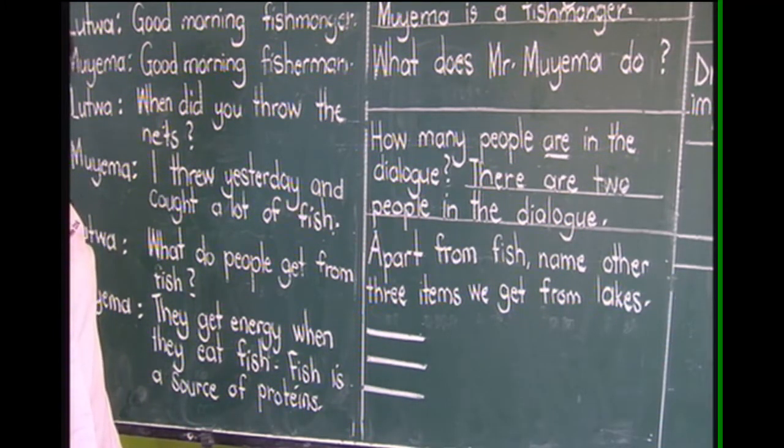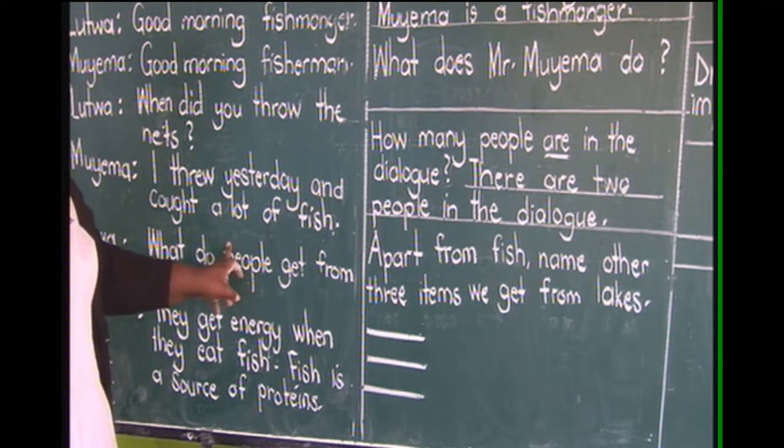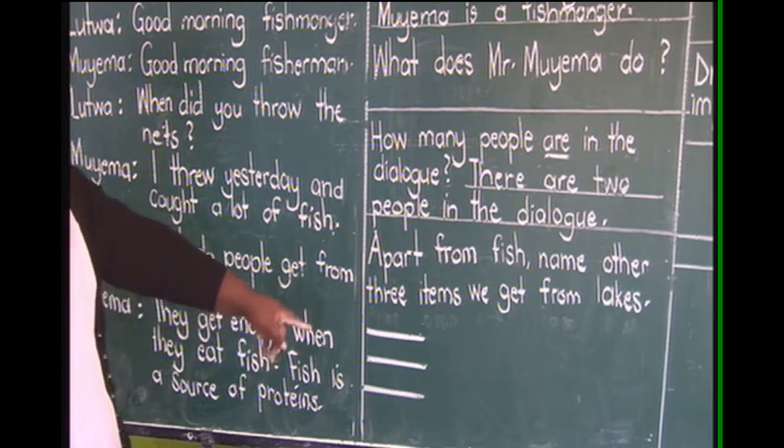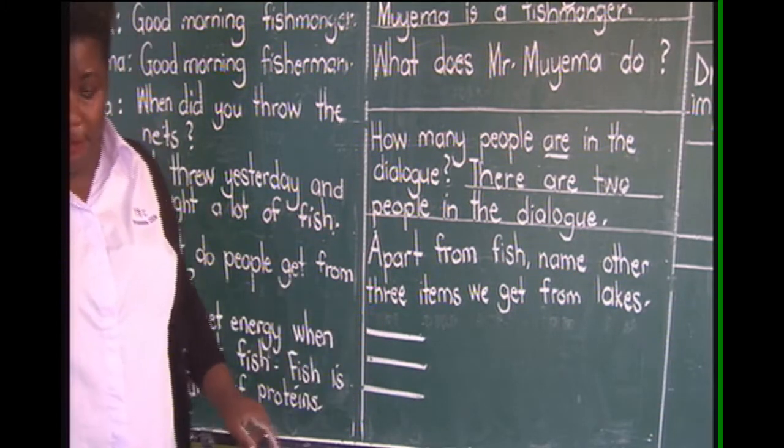They may not be here, but you know what we get from lakes. I believe in your lesson of literacy, you must have talked about things we get from a lake. And you'll have to list them here. You don't have to write a full sentence.